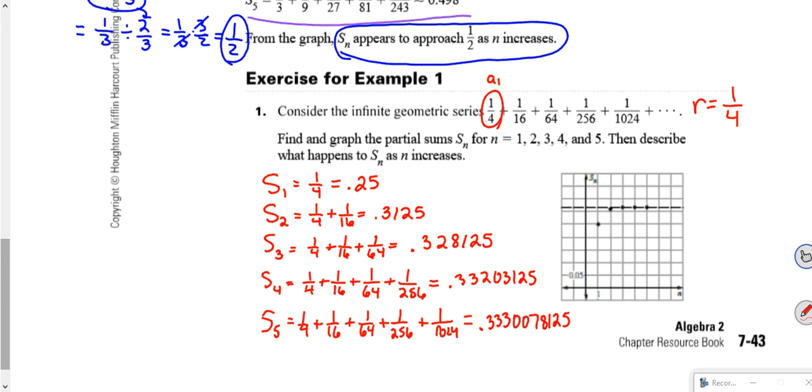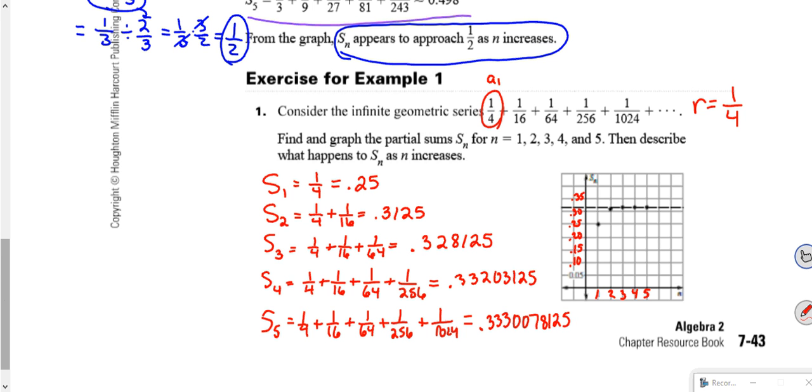On my graph here, we are counting over by ones, and we are counting up by 0.05s, so this would be 0.10, 0.15, 0.20, 0.25, 0.30, 0.35, and so on.